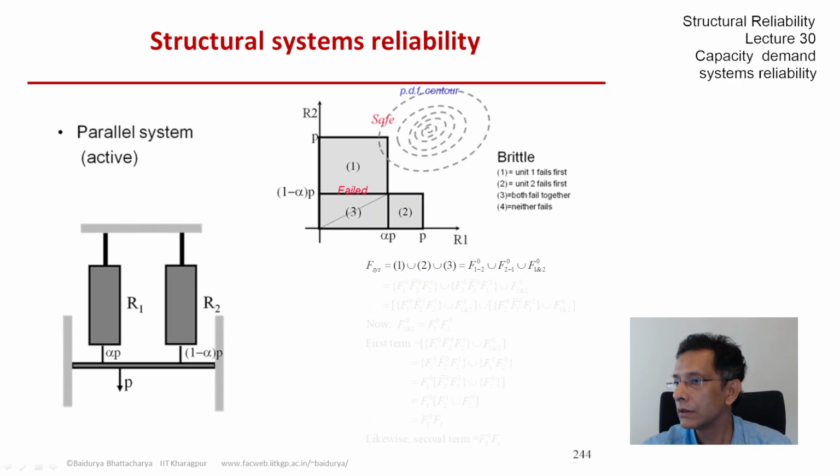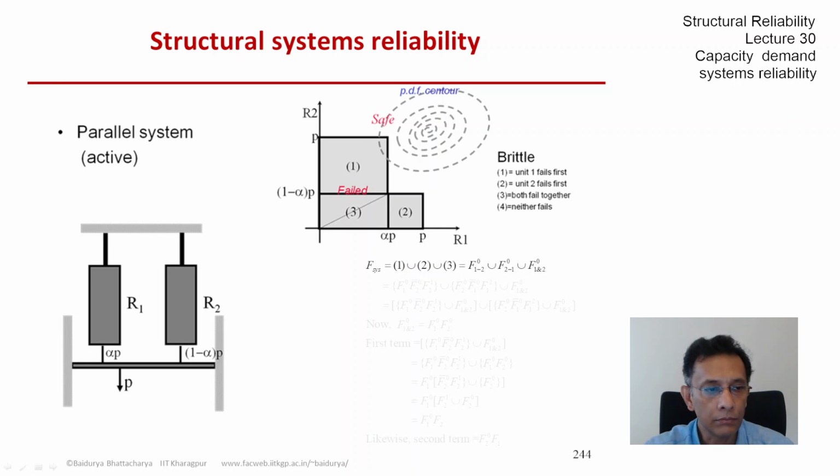Likewise, the region marked 2 is when unit 2 fails first, and that has a similar logic to it. The region marked 3 is interesting. It is that situation where 1 and 2 fail simultaneously in some sense, and so there is no scope of redistribution.